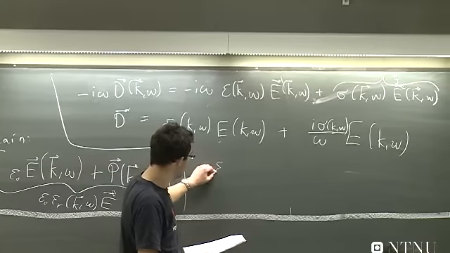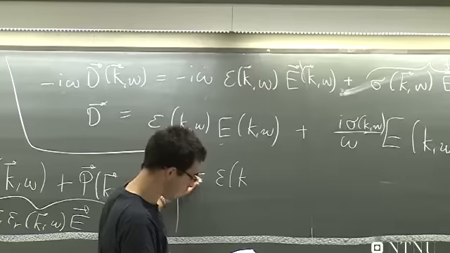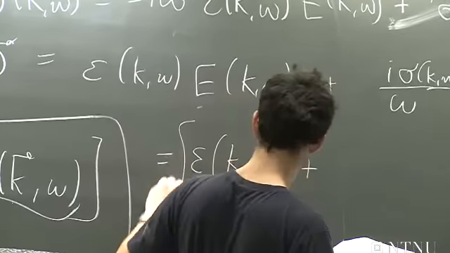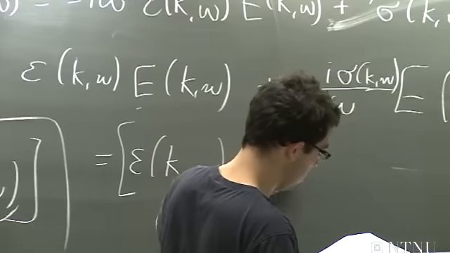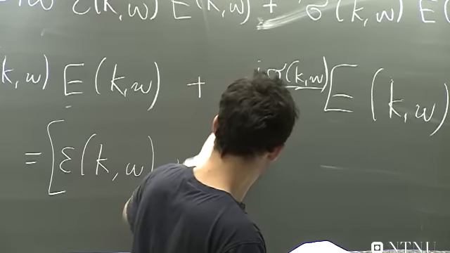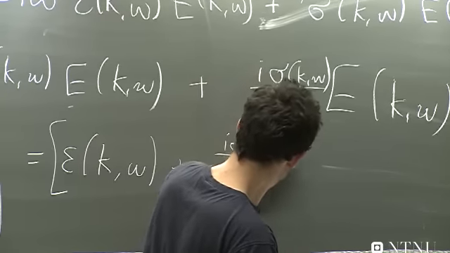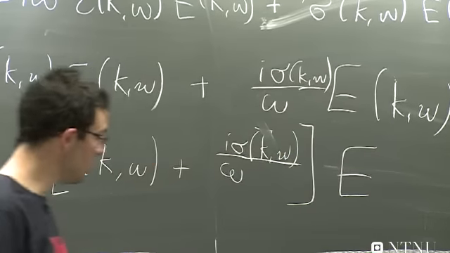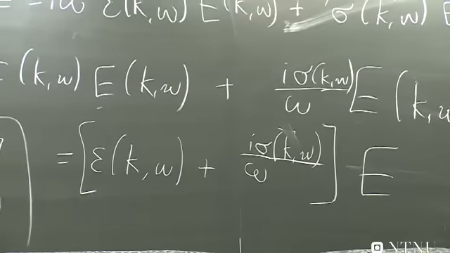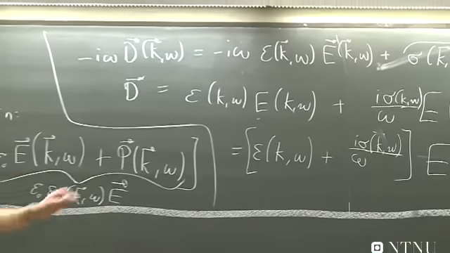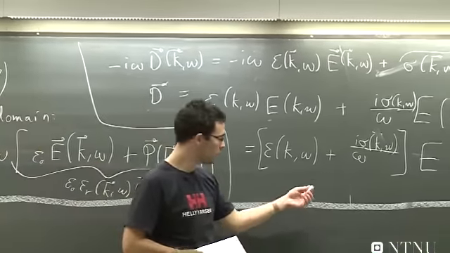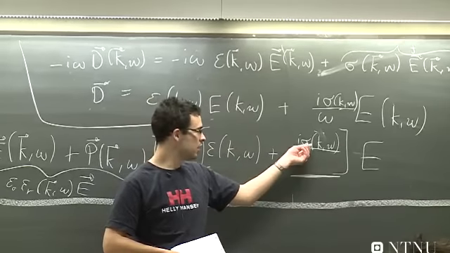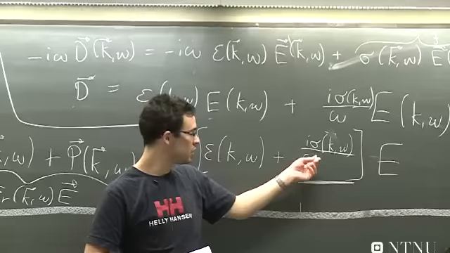So it's essentially epsilon of k omega plus i sigma over omega of k omega, times E. And now we see that it's on the same form as we had the electrostatic displacement function, except we have also a frequency-dependent term containing the conductivity. I stress that the conductivity itself is frequency-dependent in addition to the omega here.